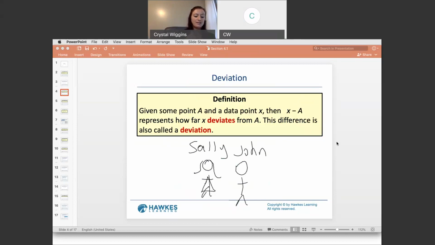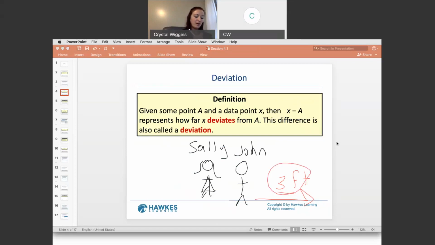Now Sally and John are walking together, and let's say that John gets distracted and he walks over here 3 feet away from Sally. So, what is the deviation, or how far did John travel away from Sally? It would be 3 feet.